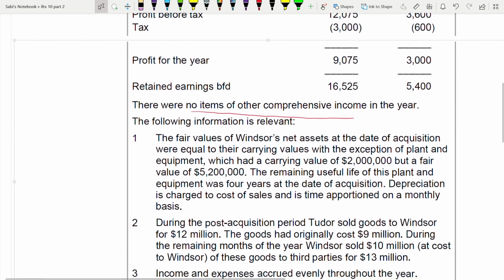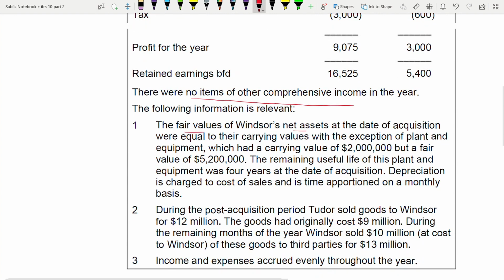The fair value of net assets were equal to their carrying value except plant and equipment, which had a carrying amount of 2 million. Fair value was 5.2 million for the plant. Remaining useful life was 4 years. Depreciation is charged to the cost of sales. That means in your cost of sales you have depreciation also. It's time apportioned on a monthly basis.